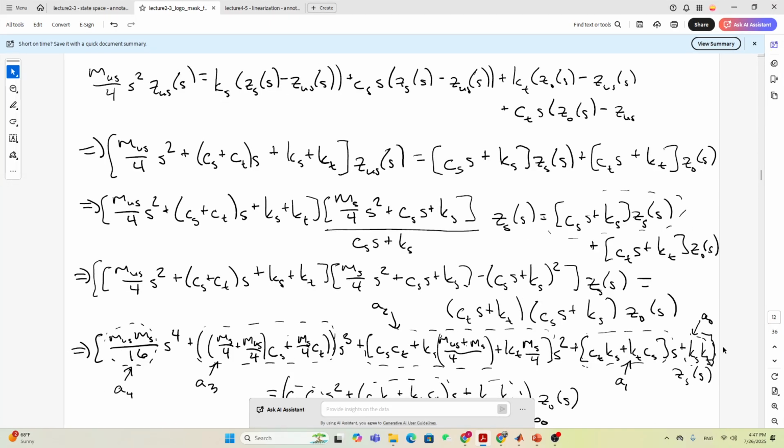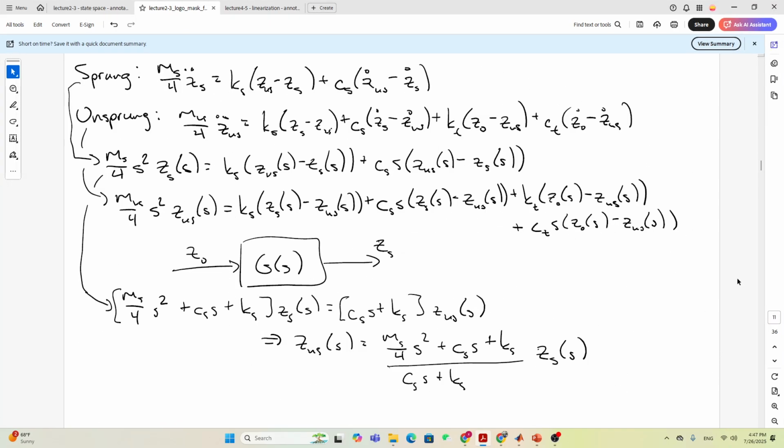So back to our part 1. In part 1, we translated the sprung mass from time domain to Laplace domain, and then we derived the relation between the sprung mass and unsprung mass.